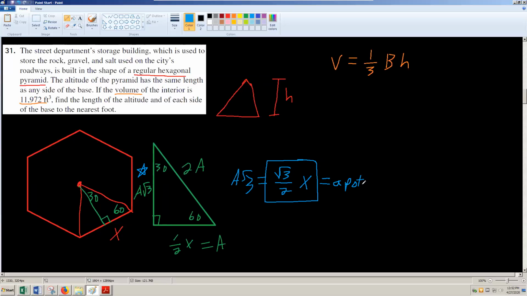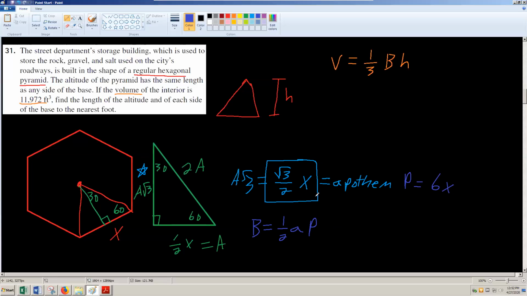The reason I care about my apothem is that this is going to be used in my formula for the base. My base is going to be 1/2 my apothem times my perimeter. Perimeter for this thing is just going to be x times 6. So this is going to be 6x.